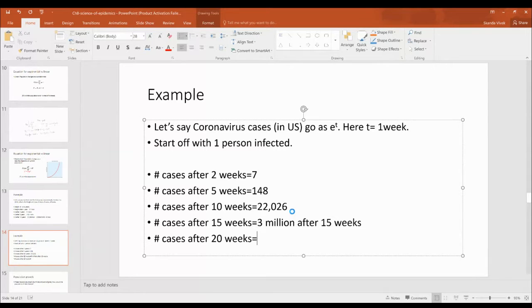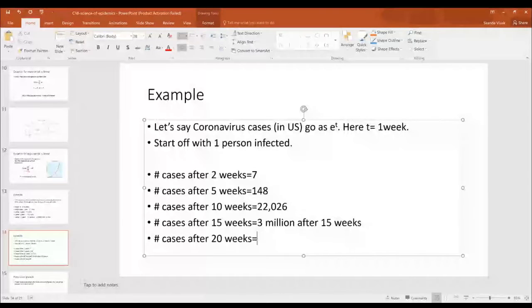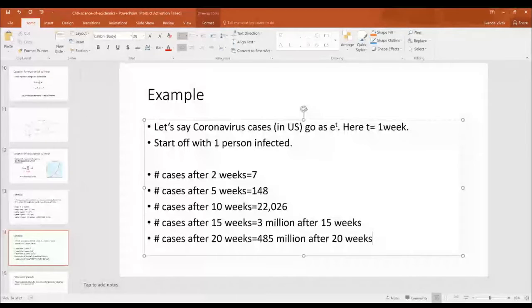And how much after 20 weeks? 485 million, right? At a certain point, you know what the population of the US is? It's too much, right? So something's changing at that point.